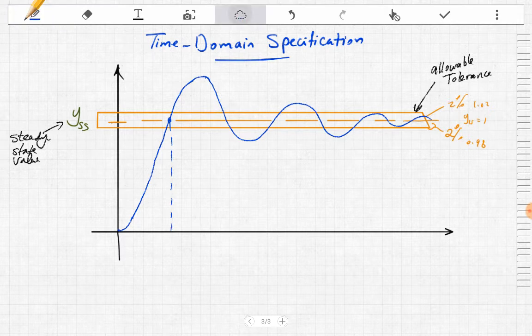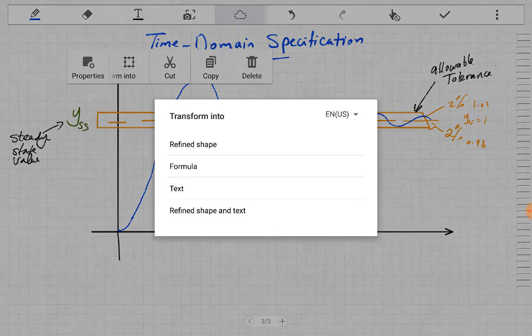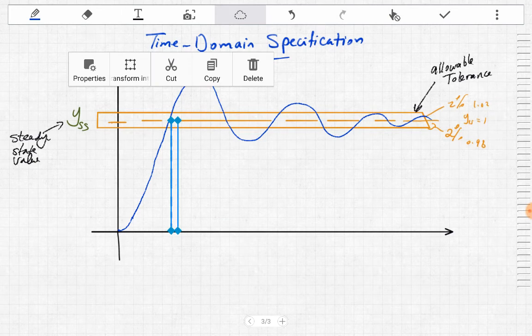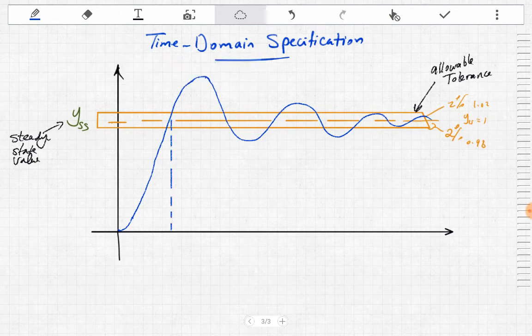Yes. Okay. This time they call it TR. What's TR? Rise time.